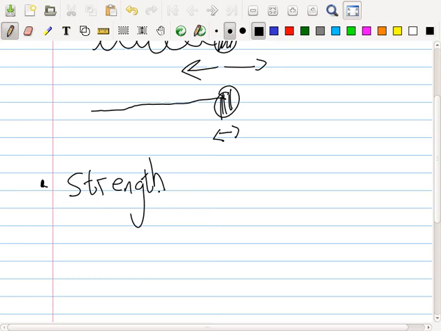If I try to do the same thing, oh, it's not so strong. So if you say it's strong, it means it's difficult to break. That's what strength means in physics. Please write this down. This is the formal definition of strength in physics class.